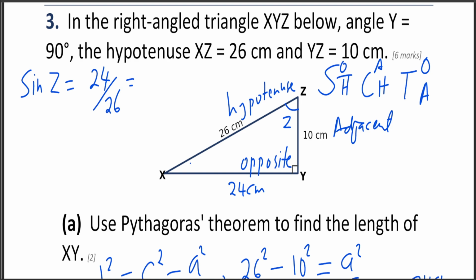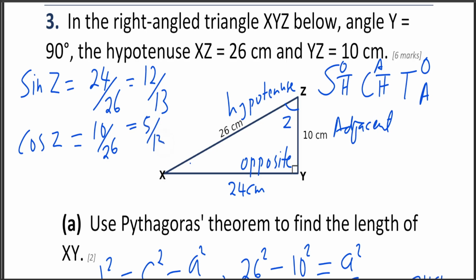Divide by 2 and it is 12 over 13. Cos Z is adjacent over hypotenuse. Your adjacent is 10 over hypotenuse 26. So 10 over 26, if you simplify, is going to give you 5 over 13.